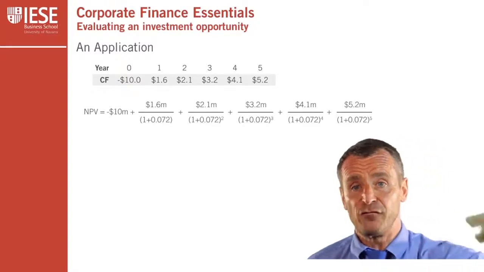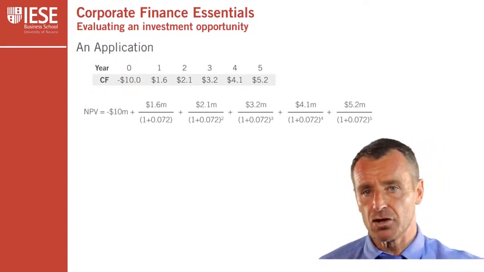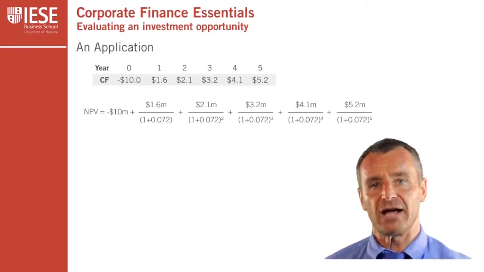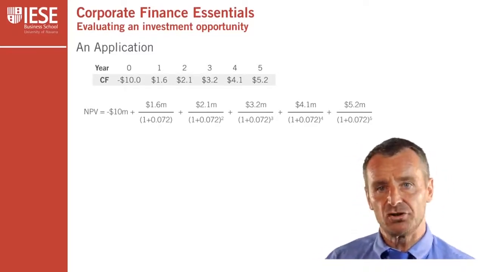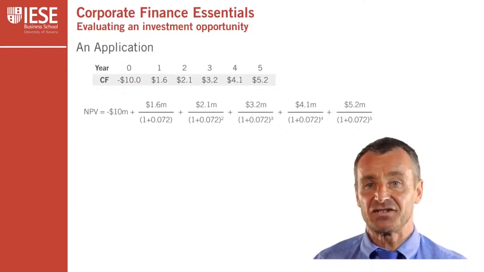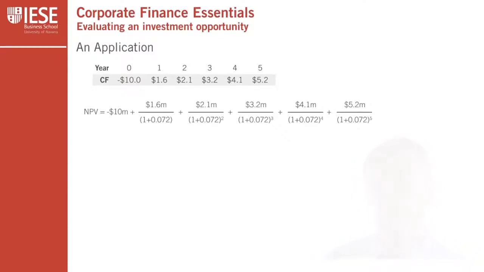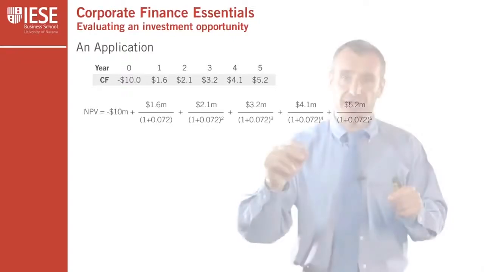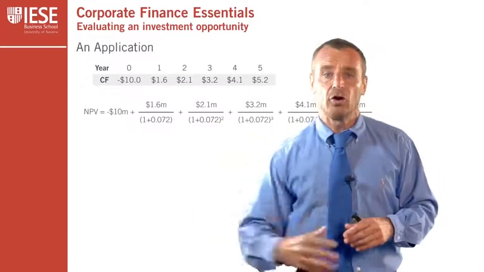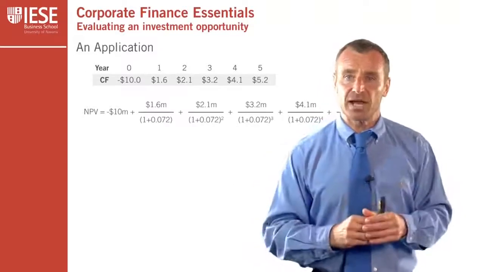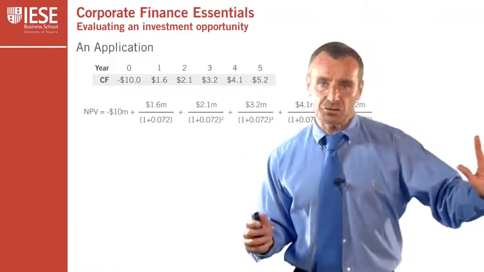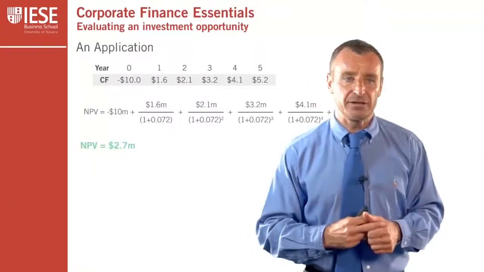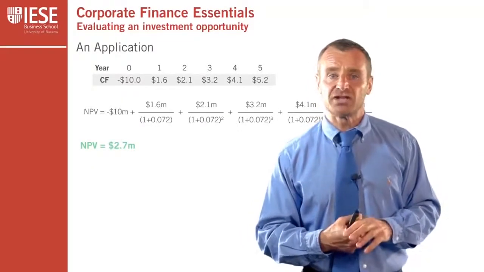And we have 5 expected cash flows, 1, 2, 3, 4, 5 years down the road, which we need to discount at the 7.2% cost of capital, adjusting for when we get those cash flows. So we discount the first at the rate of 1, we raise the second at the rate of 2, all the way to raising 1 plus 7.2% to the power of 5. And once we actually calculate that net present value, that is going to give you 2.7 million.